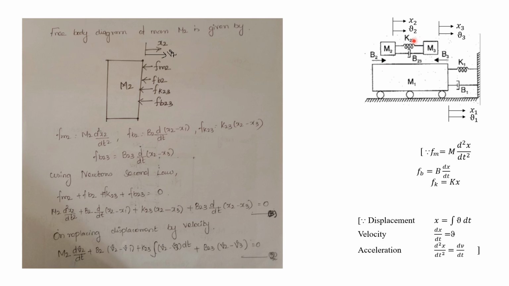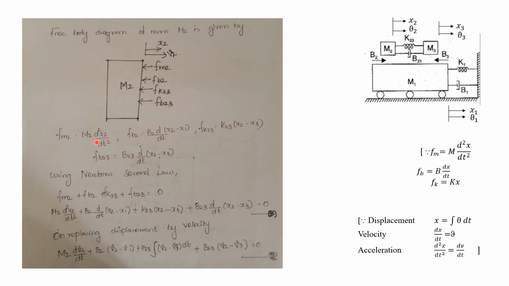Now the other elements are K23, so it will be FK23. Here two letters are there. Now B23, so this will be FB23. So now these are all the opposing forces. We know the formula for opposing force. So these are all the formulas for opposing force. So now using these formulas, we have to write the value of each and every opposing force.